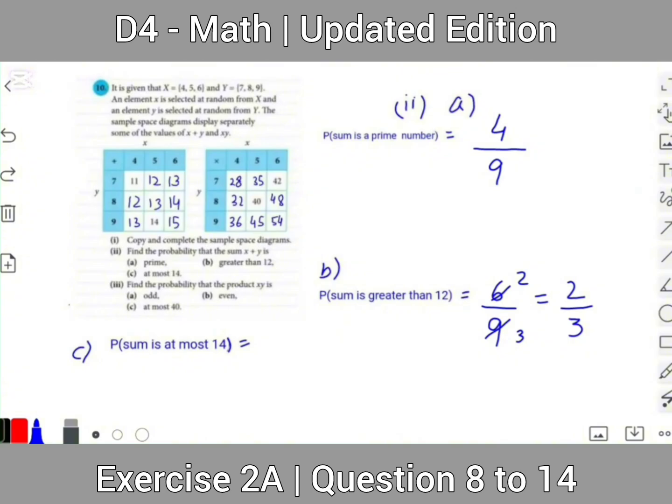Now, for the sum at most 14, it means the sum is equal to 14 or less than 14. Here there are 8 favorable outcomes and the total number of outcomes is 9. So the probability that the sum is at most 14 is 8 over 9.